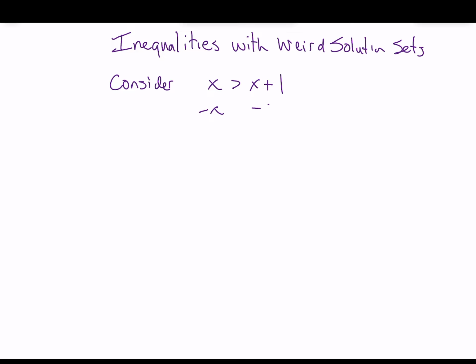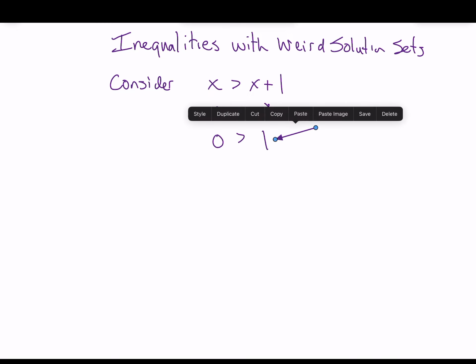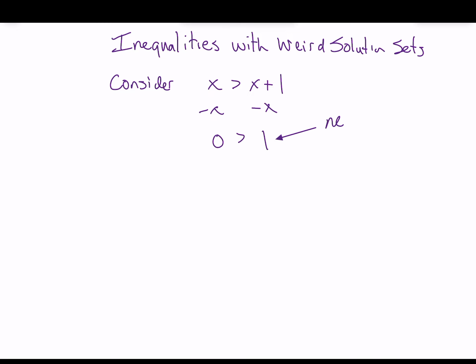Well, if we subtract x from both sides, we see that we get that 0 is greater than 1. So when is 0 greater than 1? Well, it's not. It's a contradiction. 0 is never greater than 1. So this is never true.